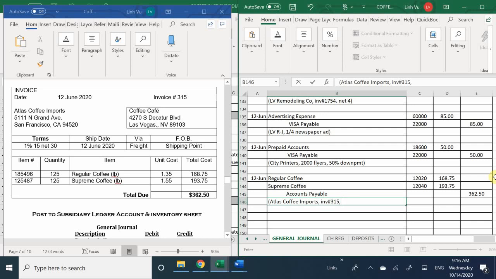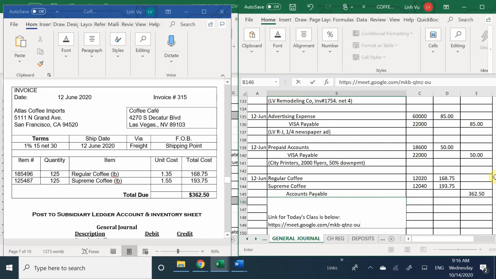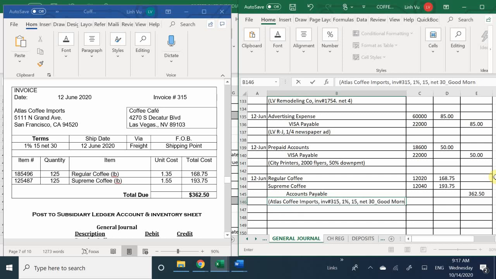So what is my terms going to be? 1%, 15, net 30. Okay, good.